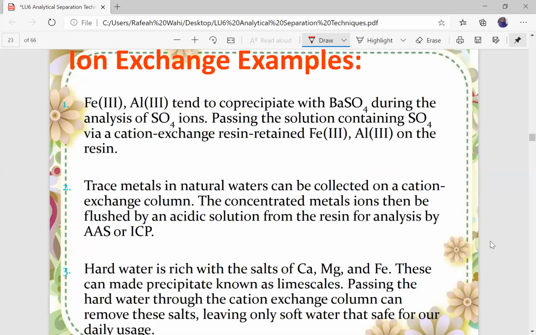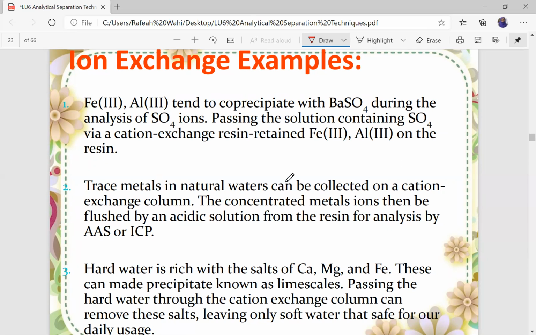So these are some of the examples of ion exchange. Iron 3 and aluminum 3 tend to co-precipitate with barium sulfate during the analysis of sulfate ion. So passing the solution containing sulfate through a cation exchange resin will retain iron 3 and aluminum 3 on the resin.